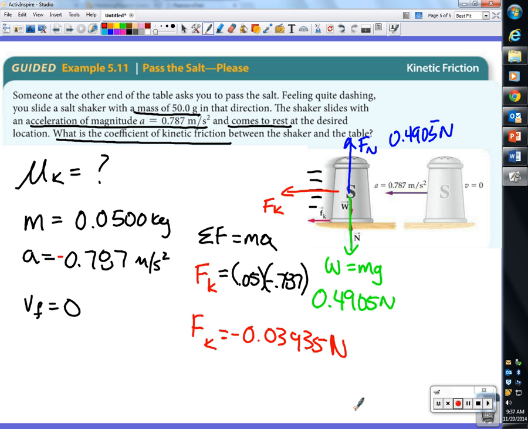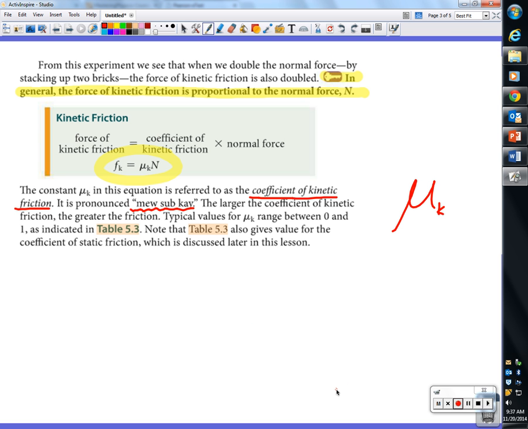But is that the answer to our problem? No. It's not the answer to our problem, right? Going back here, using this equation, F of k is equal to mu sub k times N. If we're trying to solve for the coefficient of friction, we have to rearrange this equation, yes?